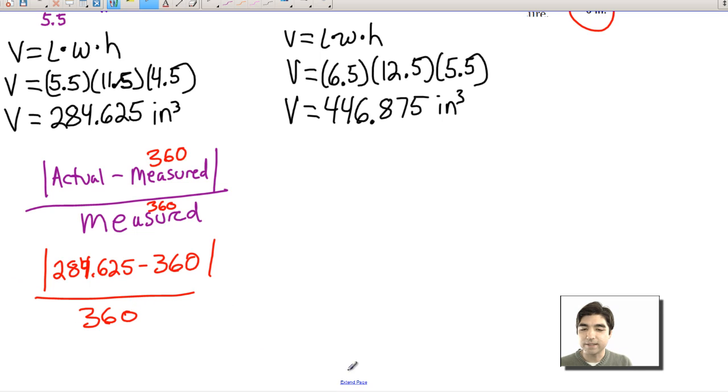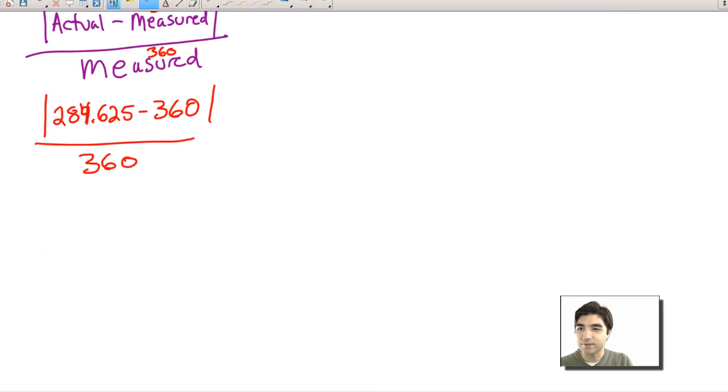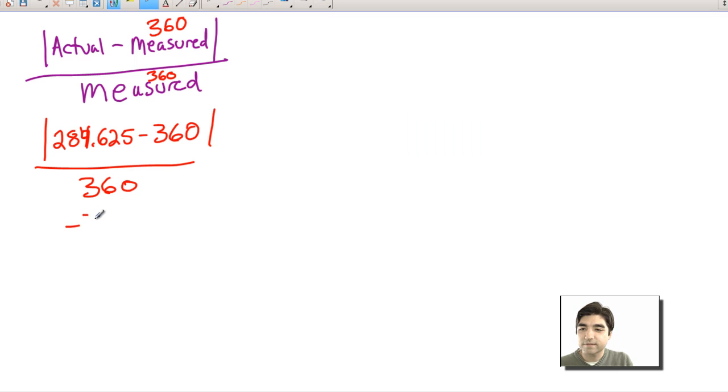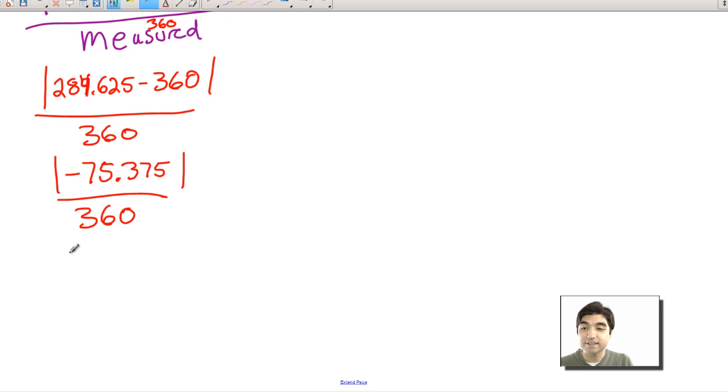Okay, so that would be a grand total of 284.625 minus 360 equals negative 75.375, divided by 360. Okay, and remember that the absolute value sign turns any negative into a positive.